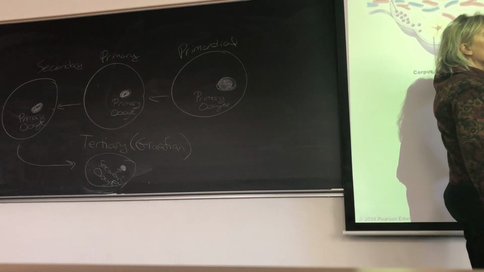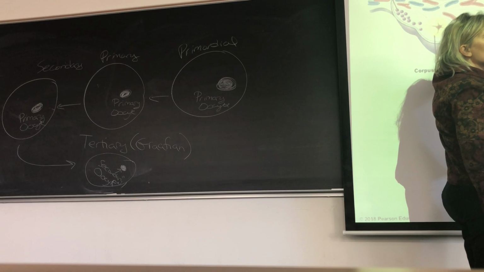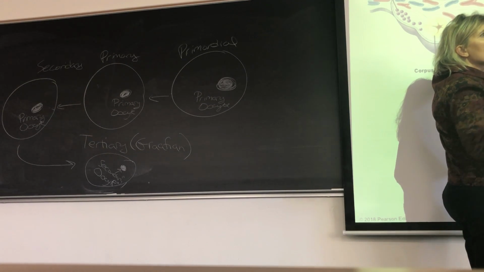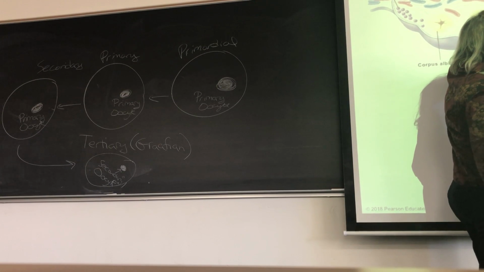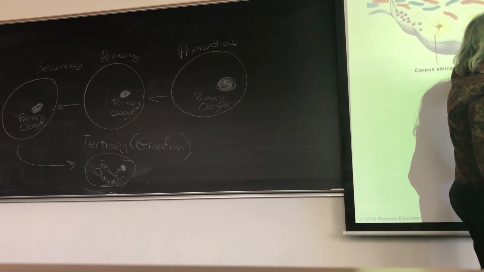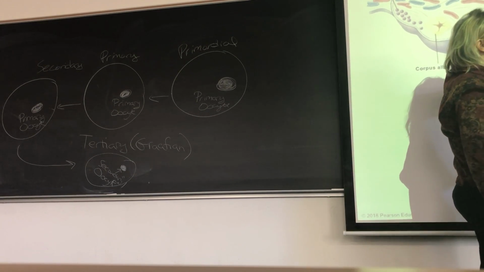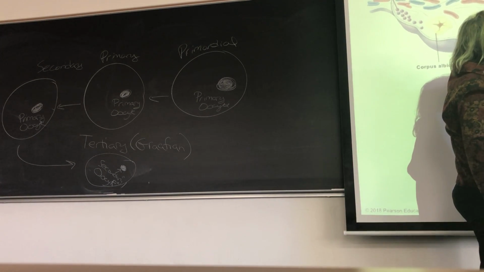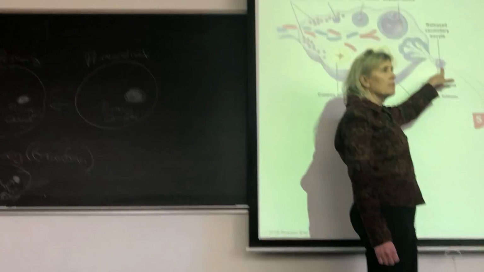The secondary oocyte is in the tertiary ovarian follicle, starting to go through meiosis 2, but gets stuck in metaphase 2. And then the Graafian follicle, the tertiary follicle, it's getting so big, it's pushing against the wall of the ovary, and it bursts. And that secondary oocyte is released.